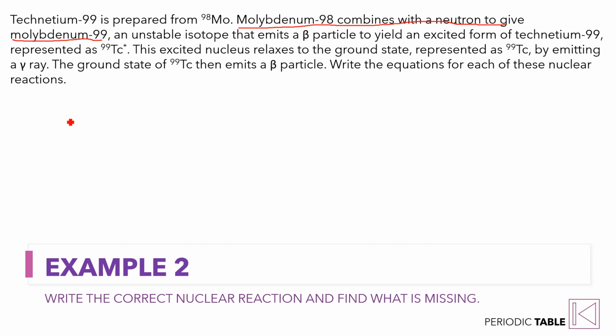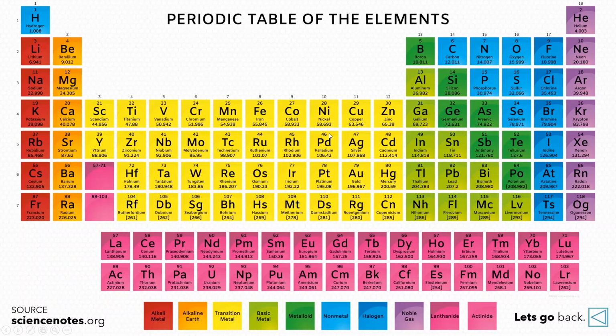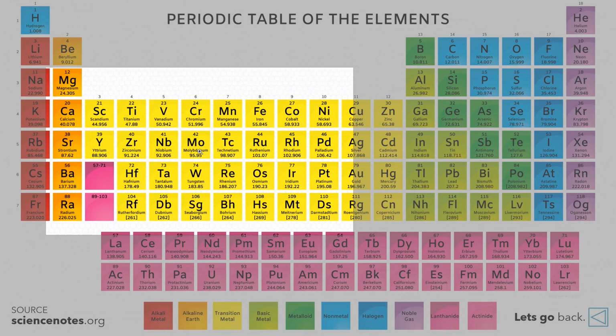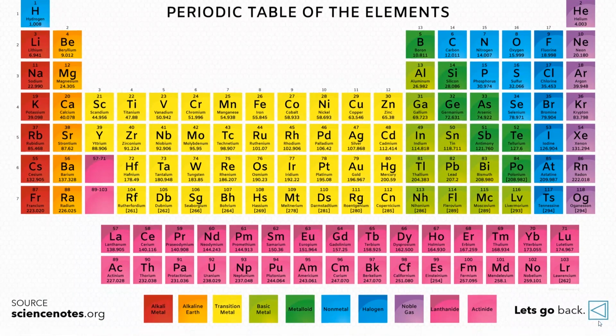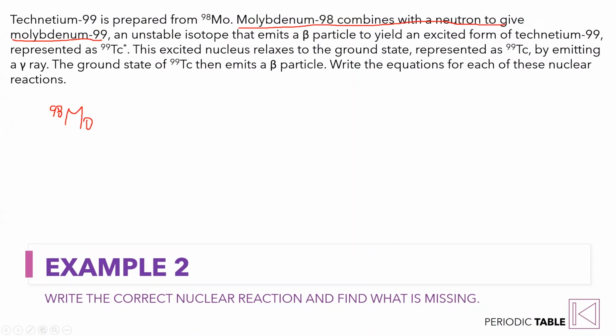So, we have here a molybdenum 98. So, ano ba ang atomic number ng molybdenum? Let's check the periodic table. So, the molybdenum here is, asan ka? Here, 41. 42. Ito. 42.